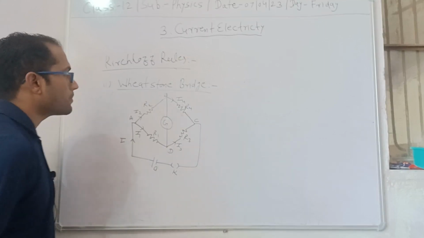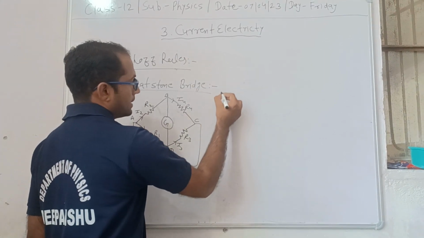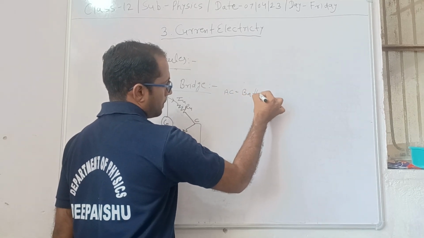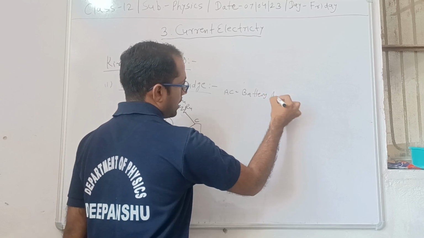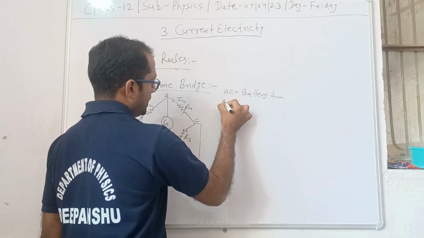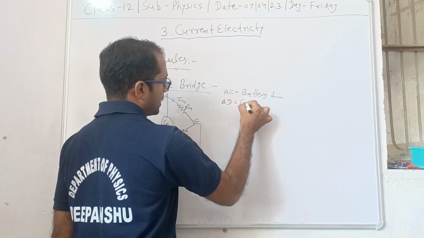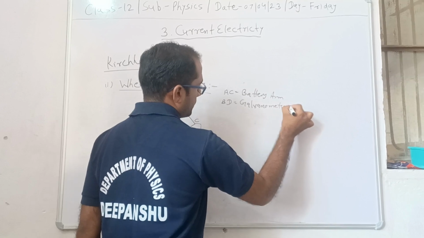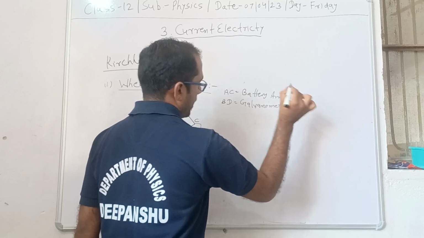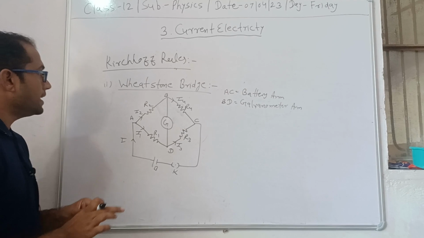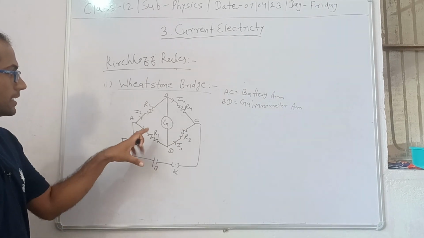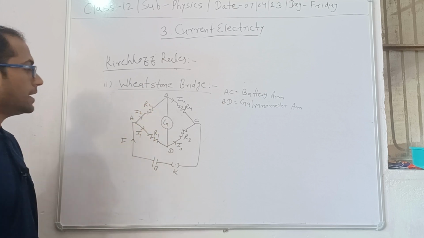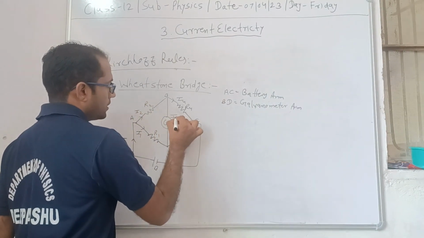Basically in this circuit AC is the battery arm, and BD is the galvanometer arm.